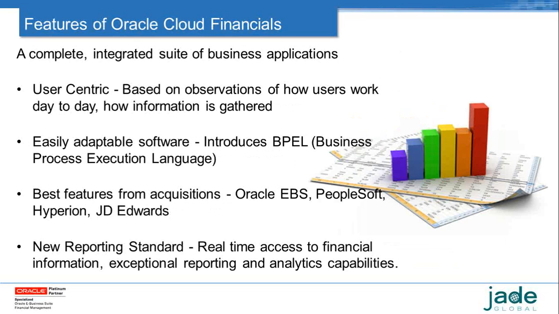So Oracle Fusion introduces a new reporting standard. It has real-time access to financial information and exceptional reporting and analytics capabilities. One of the key things here is that Fusion is embedded with Oracle Essbase, which is an online analytical processing server.